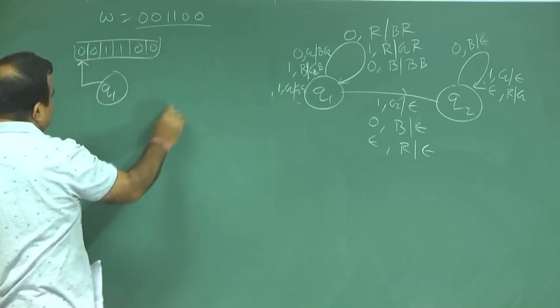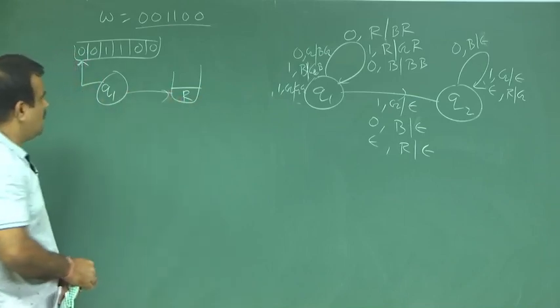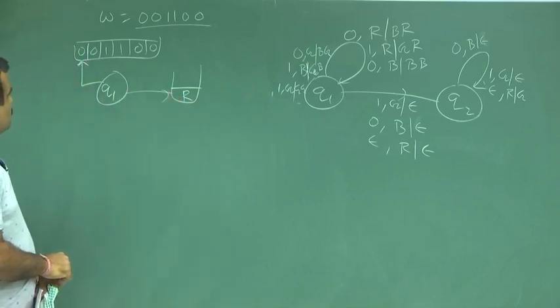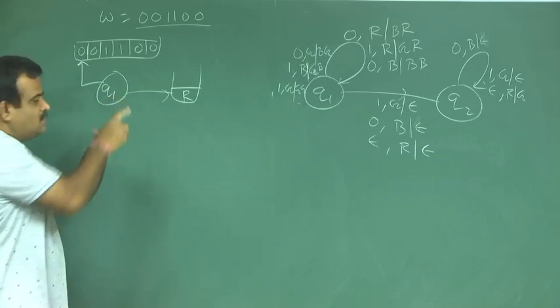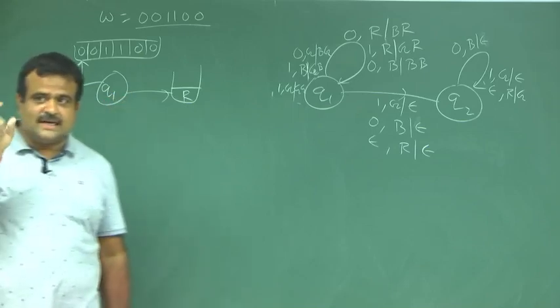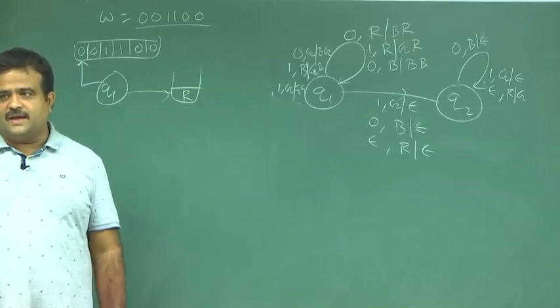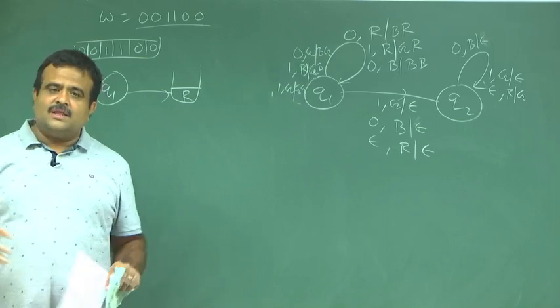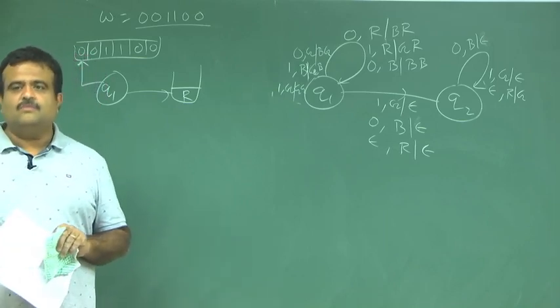The initial stack symbol is R. So, we are going to read this and change the ID. This is the snapshot of the initial ID of the PDA, and depending on the transition we will move to some other ID.